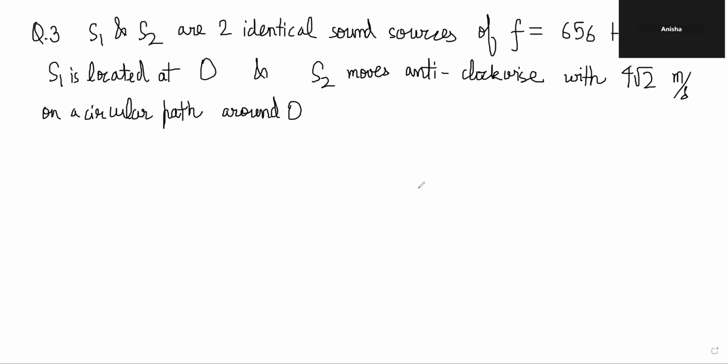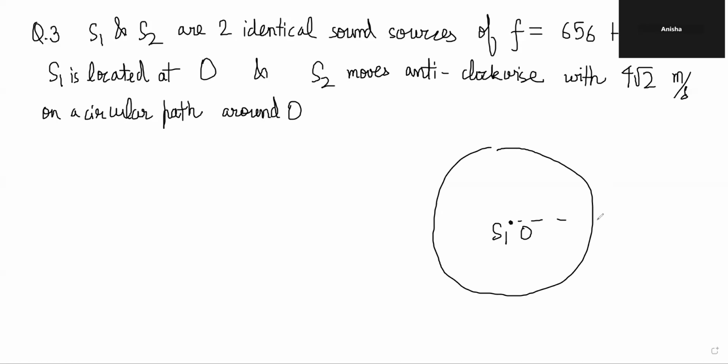So the figure is shown. This is S1, this is O, and there is a circular path. This is position Q, this is position R, this is position P, and S2 is moving here.